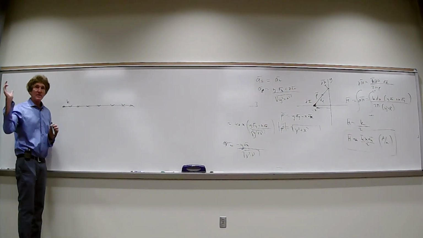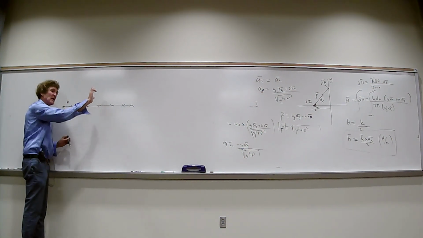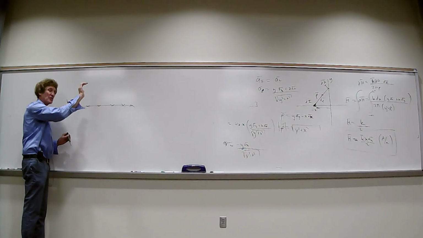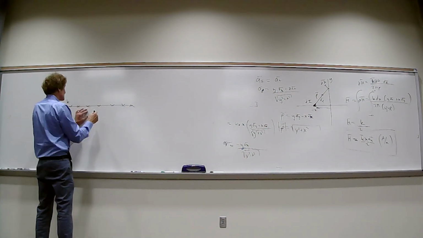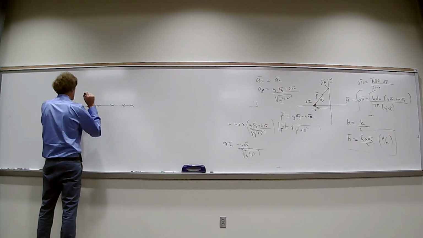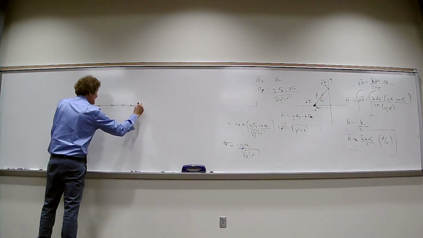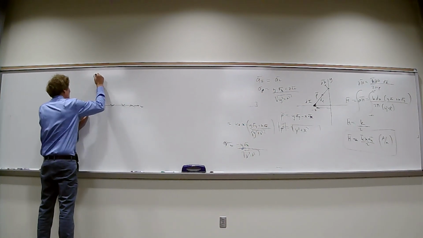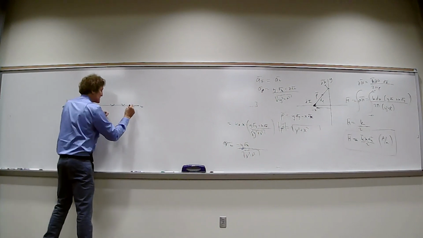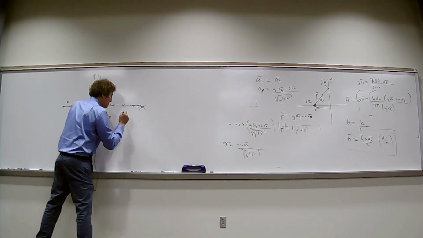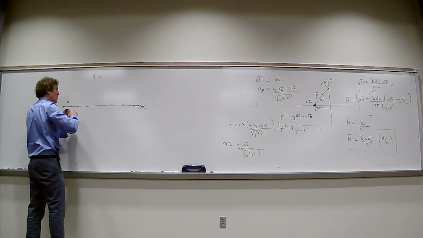Take your right hand, put your thumb in the direction of the actual current. Your fingers point in the direction of the H field. So say this thing's in the Z direction, if this is the x-axis here, y-axis here, if you're above it, the H field's positive AX.